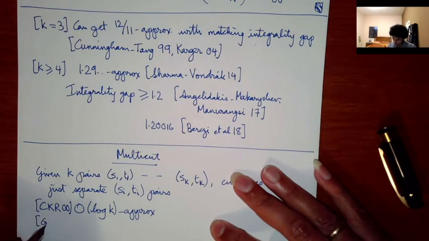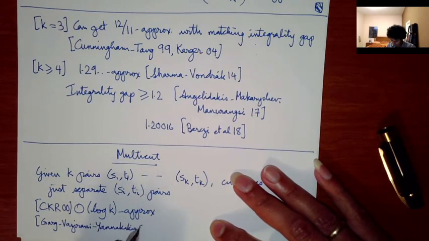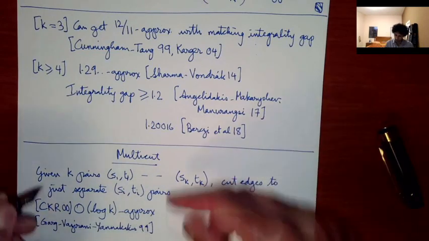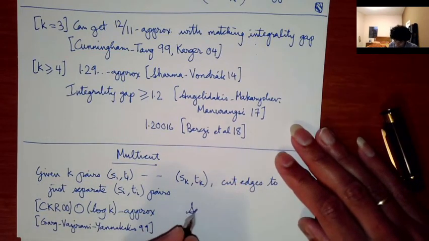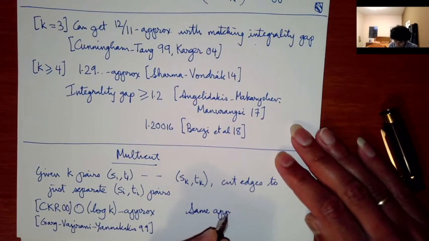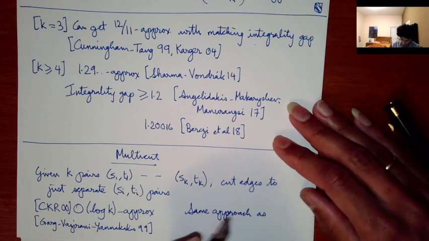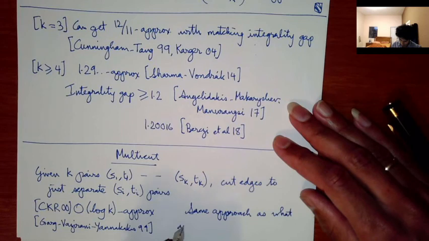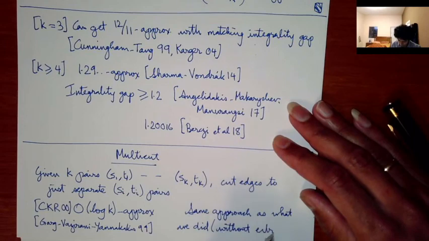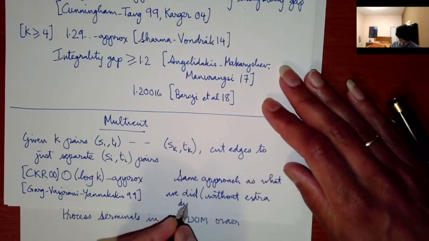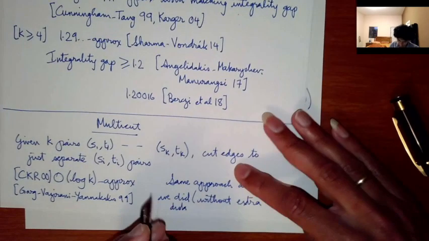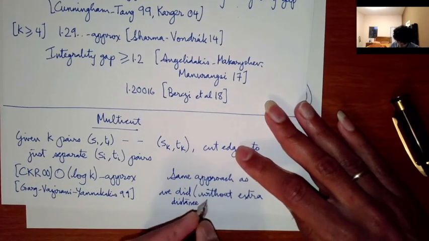There was also a paper by Garg, Vazirani, and Yannakakis in 99, who also gave a log k approximation, with a similar approach, I should say, as what we did, without the extra distance conditions.